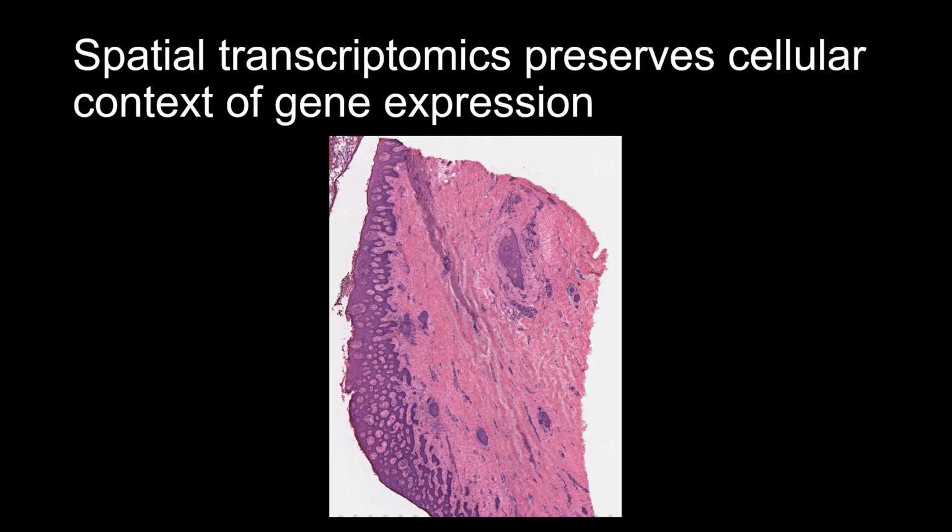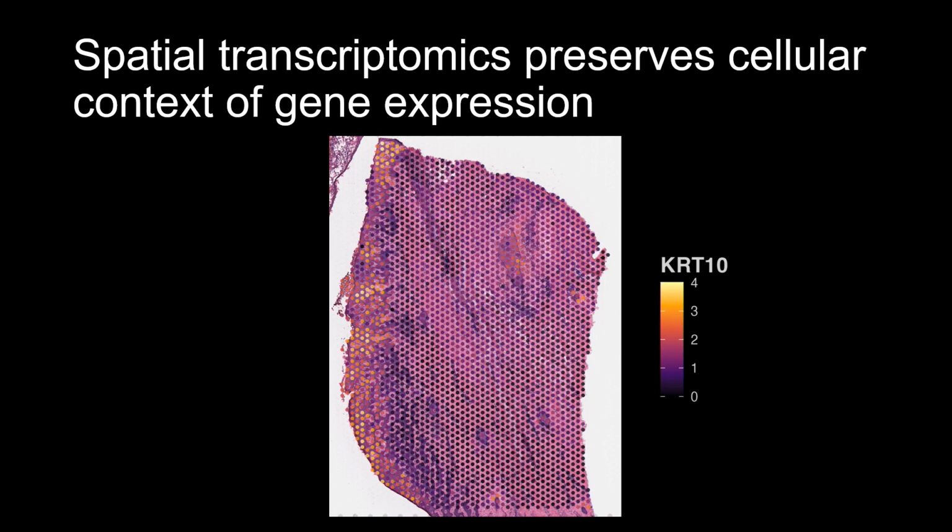Now, in accordance with our fruit tart analogy, spatial transcriptomics can map active genes and regions in histology. And as proof, we would expect increased keratin expression in keratinocytes in this tissue section. And as evidenced by these bright spots here in the epidermis, we do see increased keratin 10 expression in the epidermis.